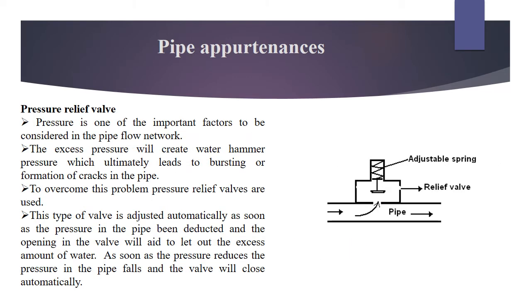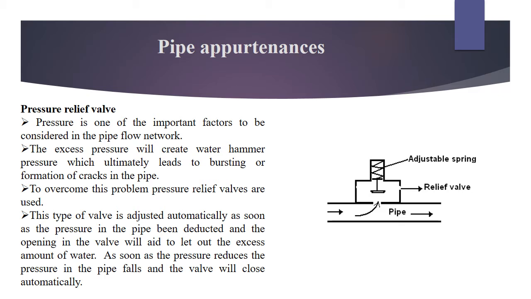Pressure relief valve. Pressure is one of the important factors to be considered in pipe flow networks. Excess pressure will create water hammer pressure, which ultimately leads to bursting or formation of cracks in pipes. To overcome this problem, pressure relief valves are provided.